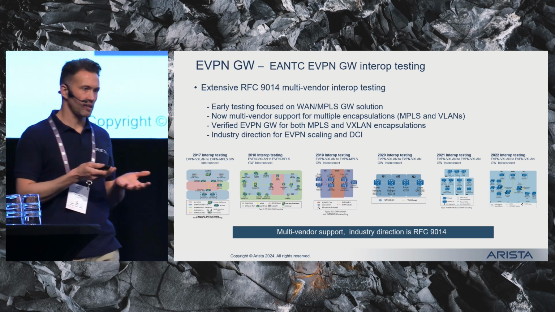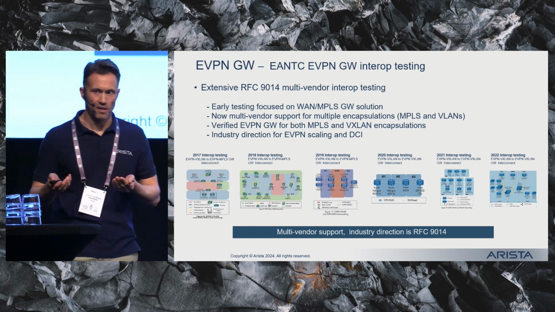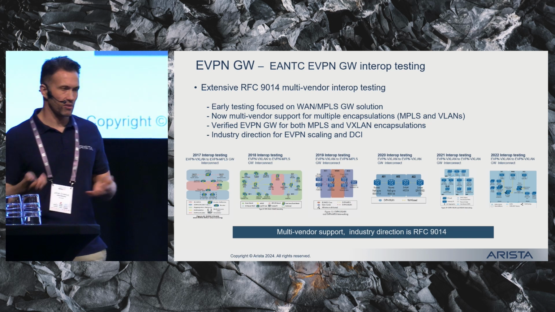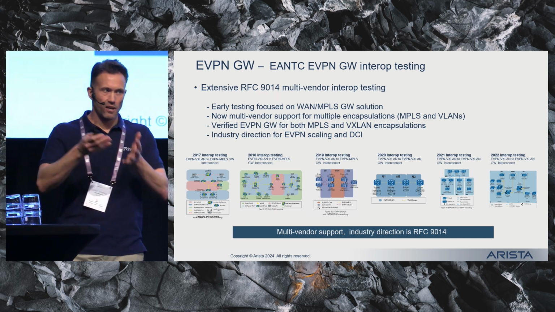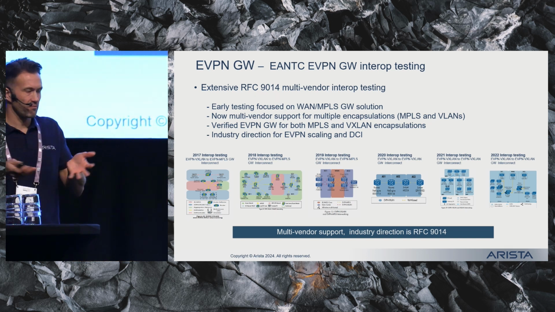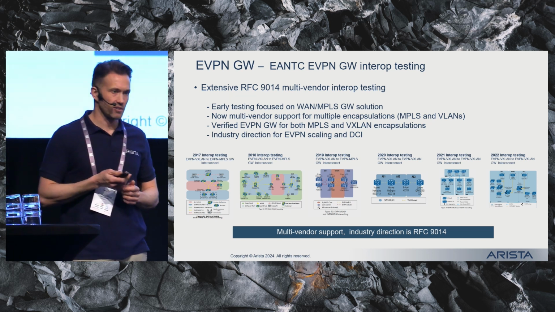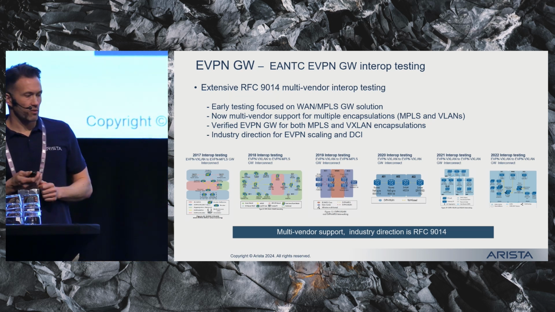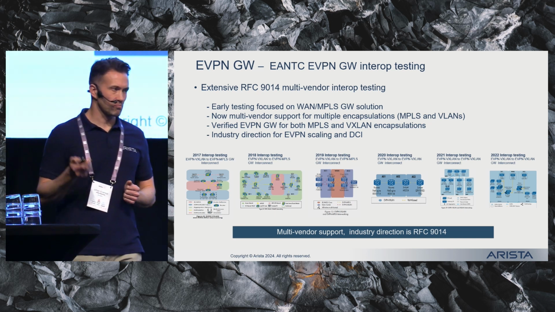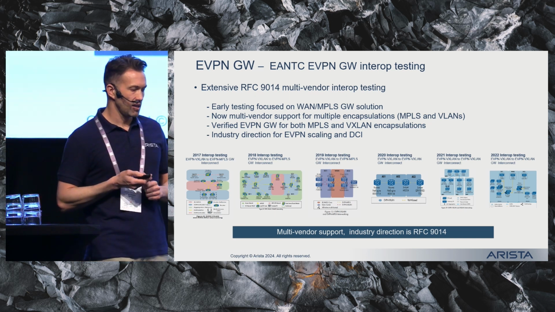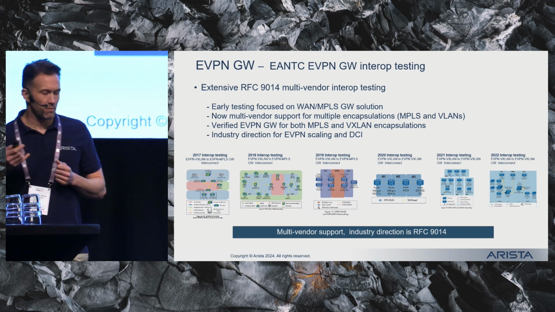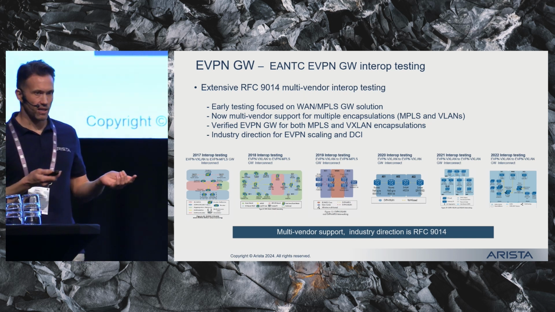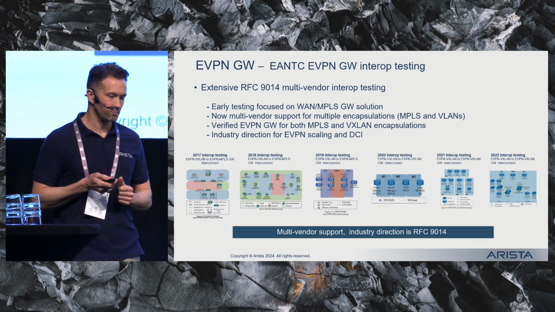It's probably the place in the network where operators typically have equipment from different vendors. I mean, a data center from one vendor, an MPLS network in between from another vendor, or maybe a second data center from another vendor. So this gateway functionality is what is really being tested right now, and what is also very actively being developed, looking at the different drafts that are out there.